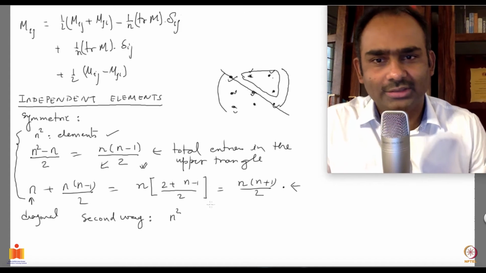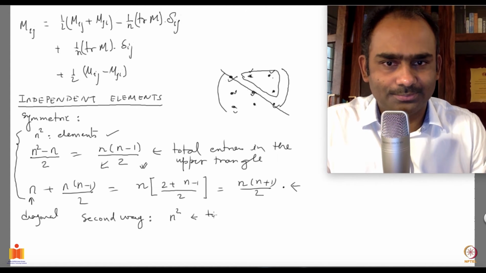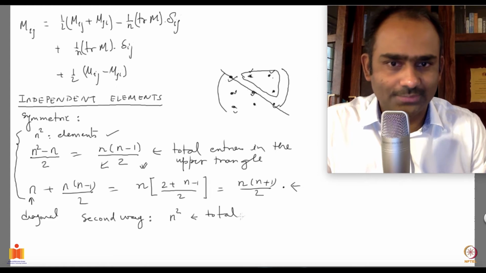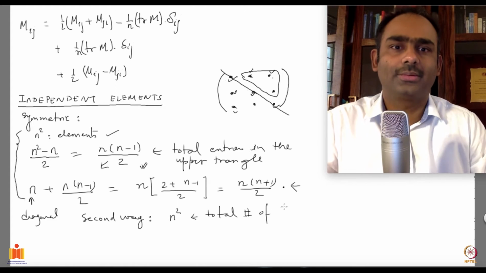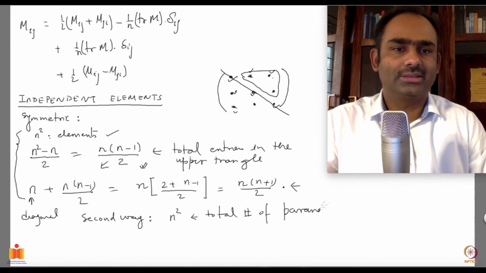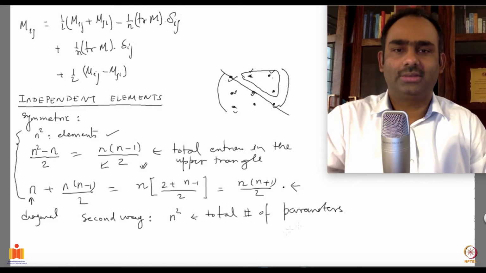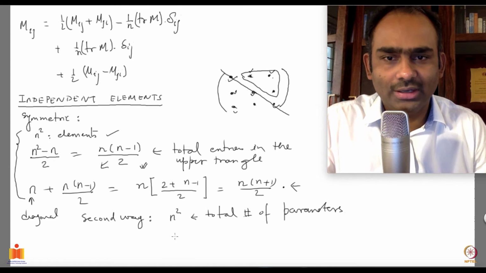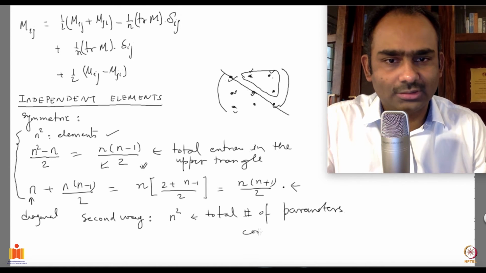Okay, so that's your total number of parameters, not necessarily independent, total number of parameters. Okay, and how many constraints do you have? Let's look at constraints.